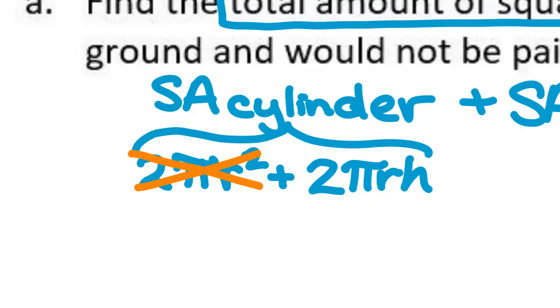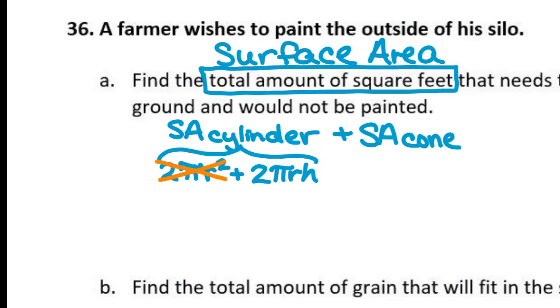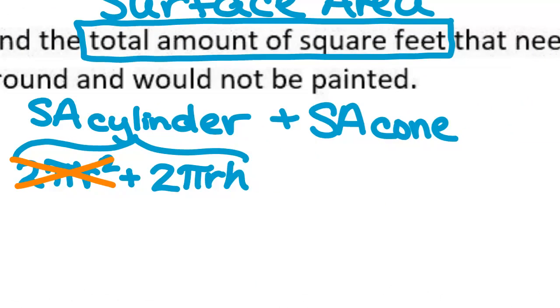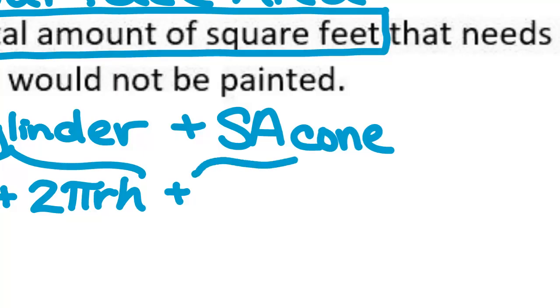On the top circle, we have a cone sitting there. So the circle part is actually on the inside now, not the surface. The bottom one is on the surface, but it's not going to be painted because it's resting on the ground. Okay, so for our cylinder, we just need 2 pi RH. What is the surface area formula for a cone? What's our surface area formula for a cone?